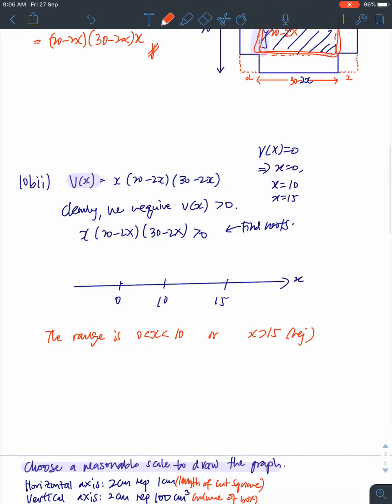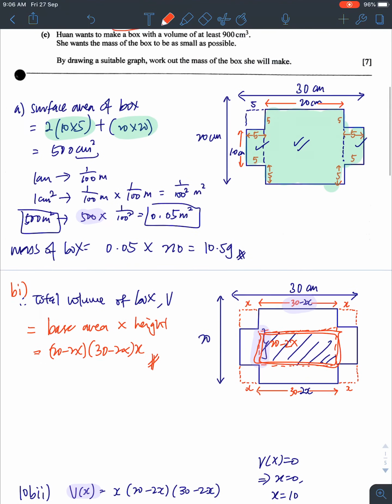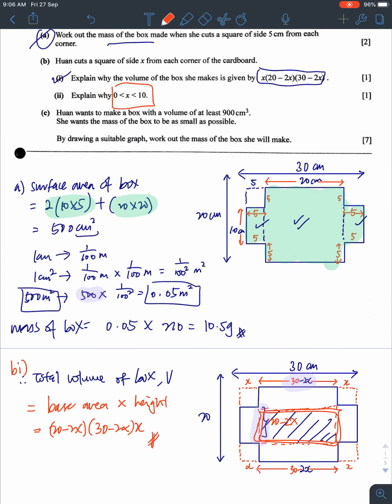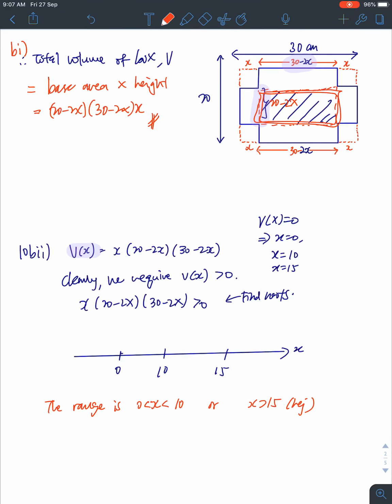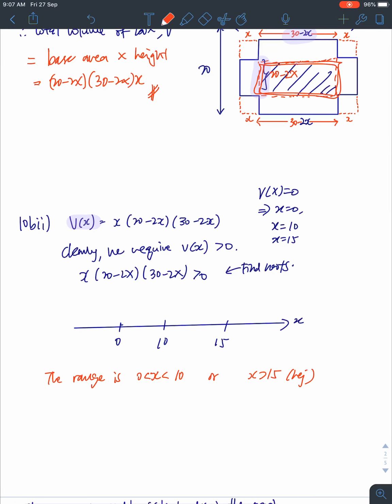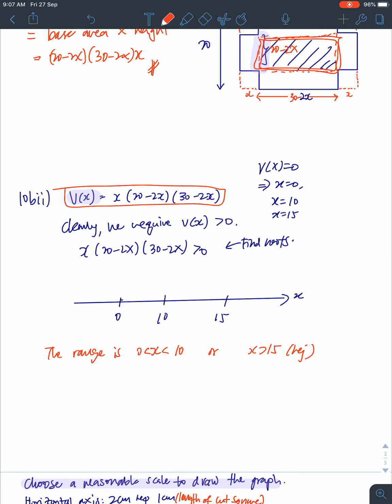You can consider it from the view that we require the volume of the box to be positive. Because if the volume is positive, we would have this expression, V of x, the function of x given by this expression, greater than 0. So how do we do that?